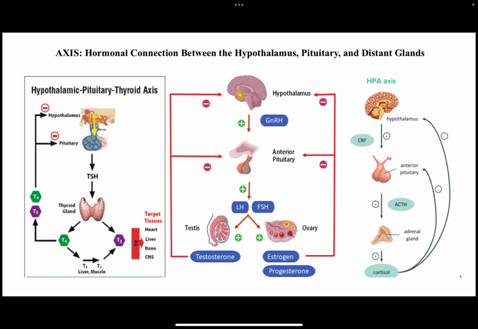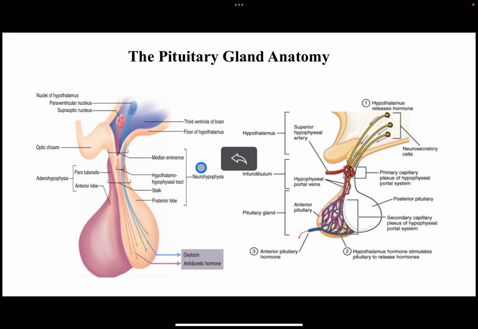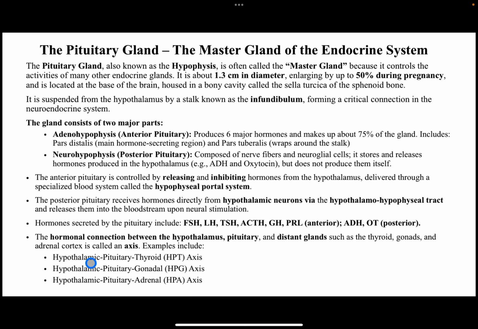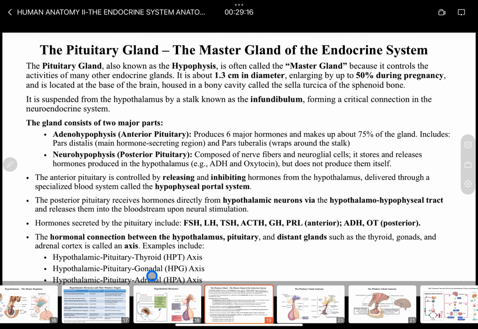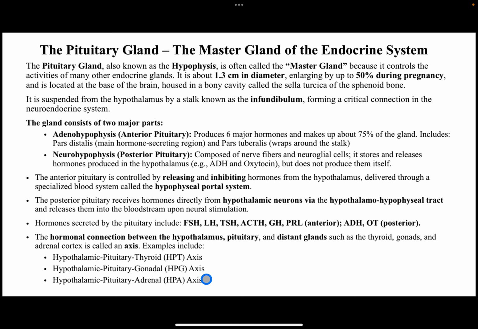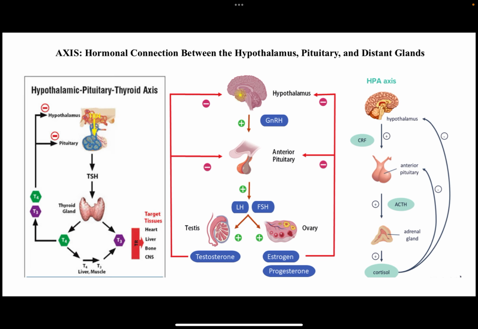So if you are asked what an axis is in an anatomy question, it is the hormonal connection between the hypothalamus, the pituitary gland, and distant glands in the endocrine system. We've discussed 3 different axes: the hypothalamic pituitary thyroid axis, the hypothalamic pituitary gonadal axis, and the hypothalamic pituitary adrenal axis. Is that okay?